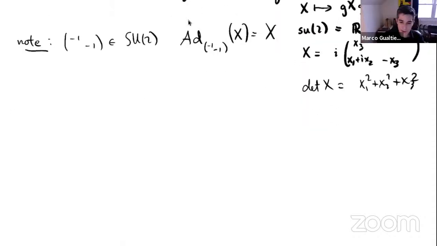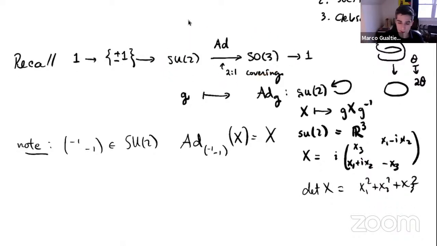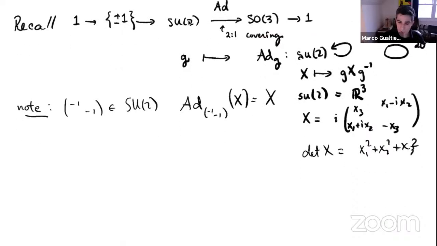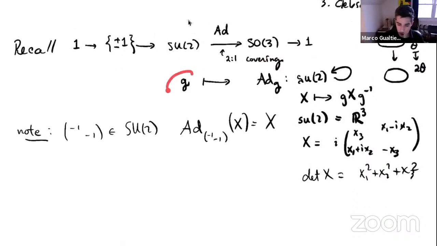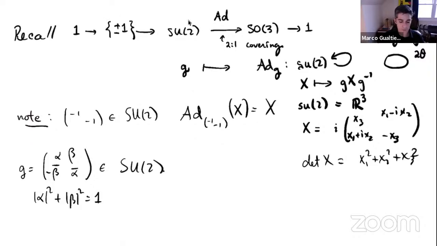Okay, so let's say that you wanted to write this map very explicitly. I just want to point out how you would do it. You would have to take a general element G. So if G is, let's say, alpha, beta, minus beta bar, alpha bar, this is a general element, where the norm of alpha squared plus the norm of beta squared is equal to 1. This is a general element in SU2.